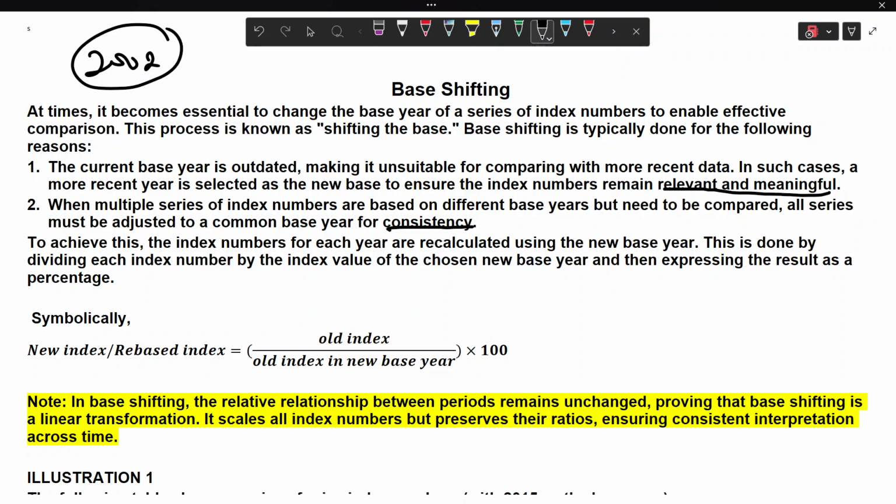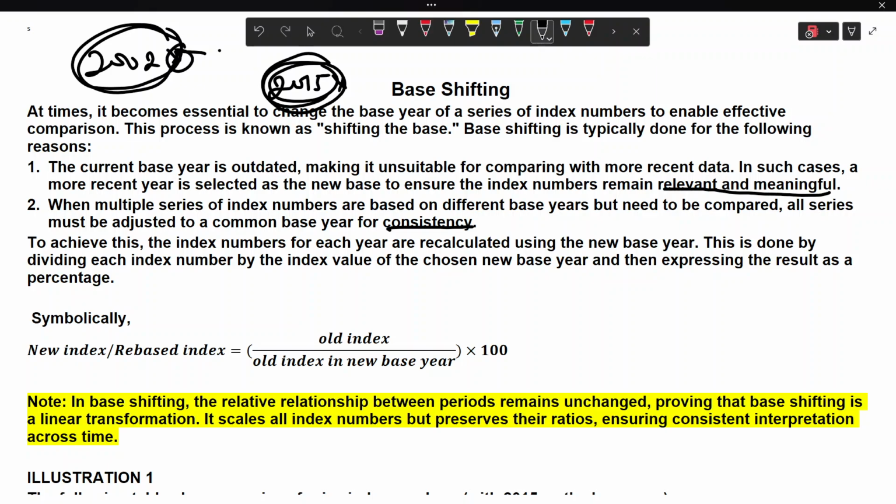Then after some point, for the same item, we shift to another base. Because the first base was 2002 and the second one was 2015, it becomes impossible for you to compare. They are not of the same base. So we need to either change the values here to match the new base, or change the values here to match the old base. Then that makes comparison possible, and it also ensures consistency.